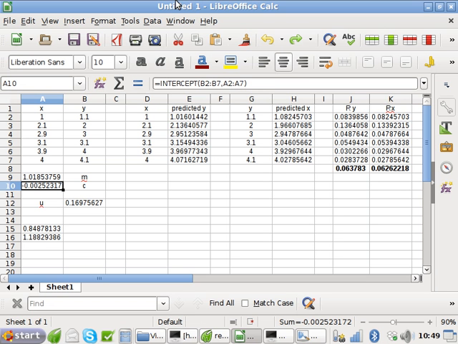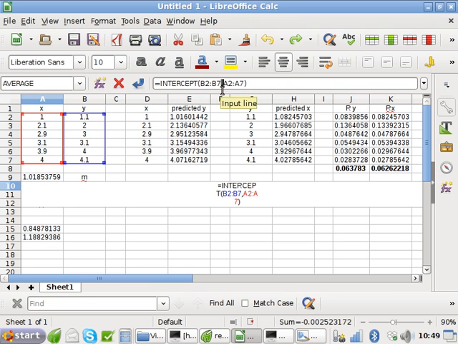You see here? That is possibly the only difference. But if you follow the same steps, open the function button, type in slope, and so on, that's fine. That's cool. Okay.